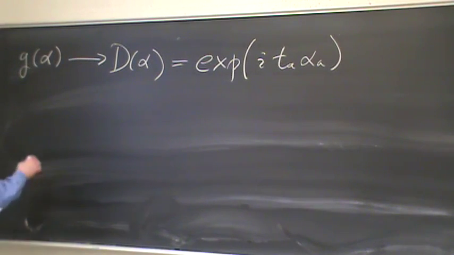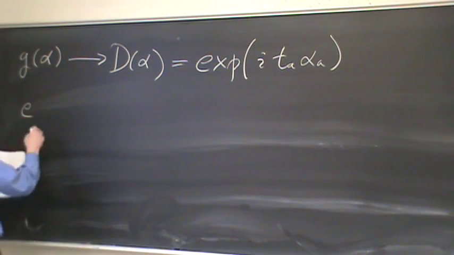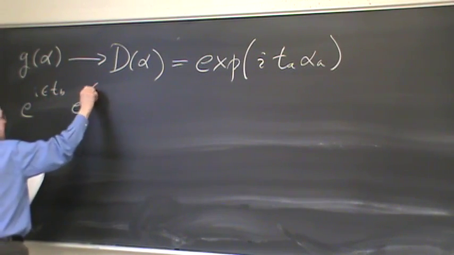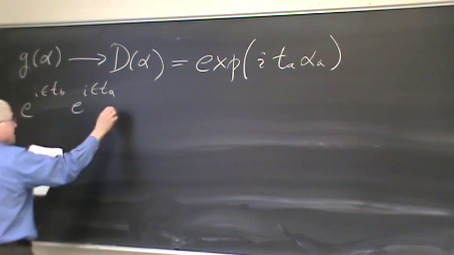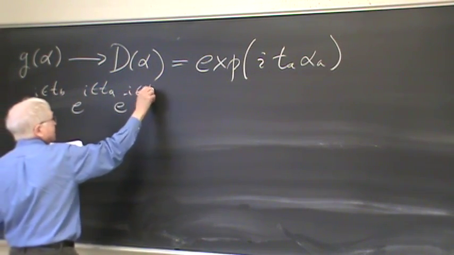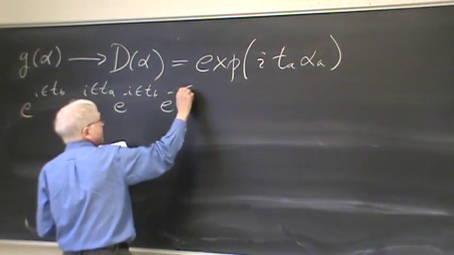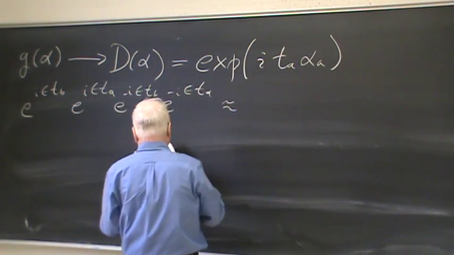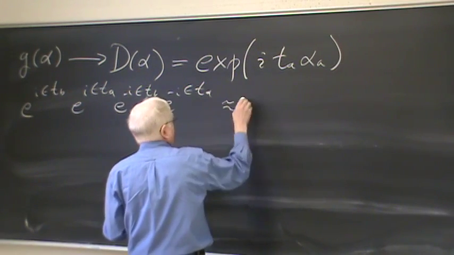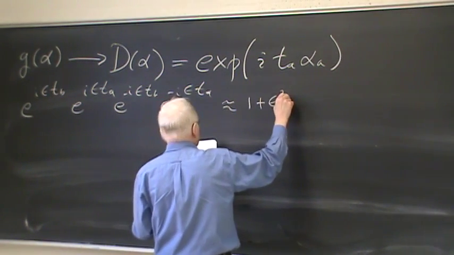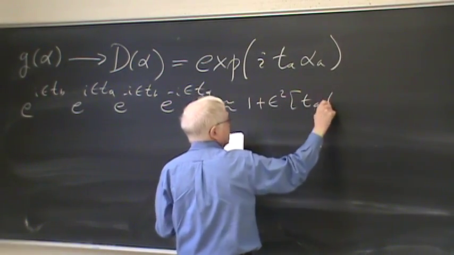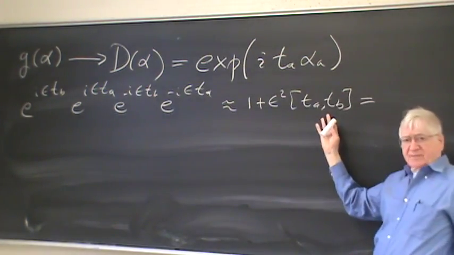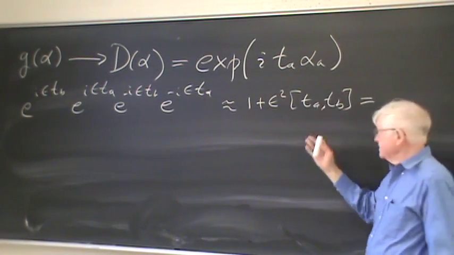Now, one of the key observations last time was if we had e to the i epsilon T_B, e to the i epsilon T_A, e to the minus i epsilon T_B, e to the minus i epsilon T_A, then this was 1 plus epsilon squared T_A T_B, and that had to be some linear combination of the T's.